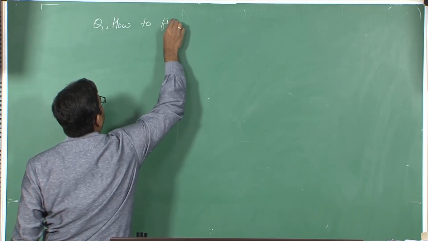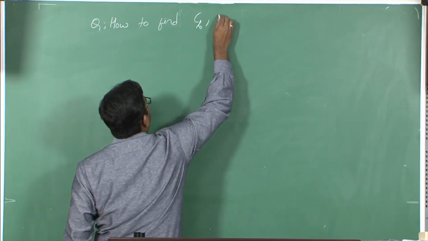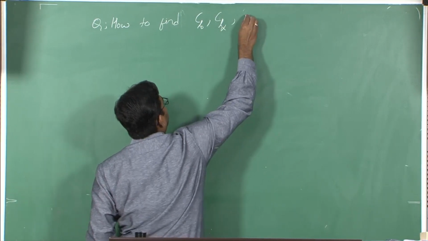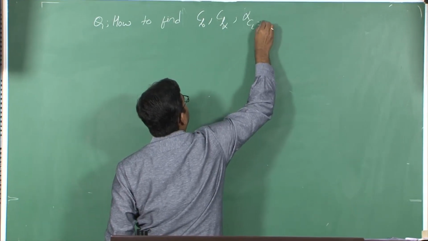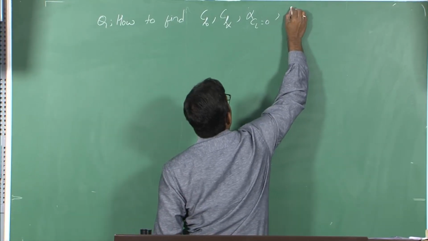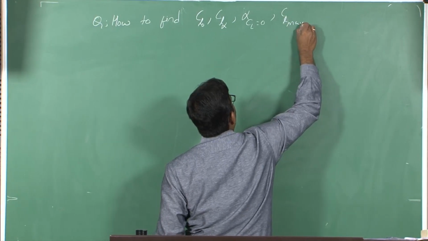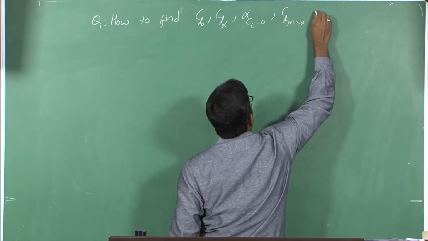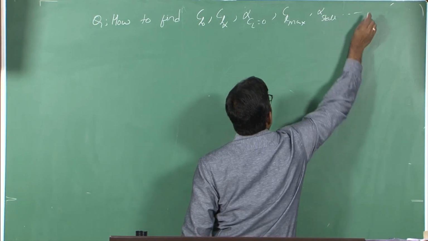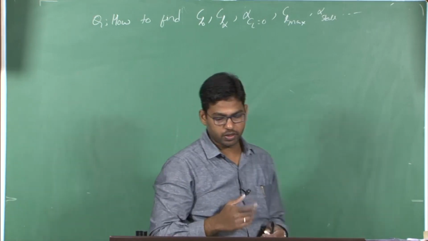How to find CL naught of airfoil, CL alpha of airfoil, alpha at which CL is 0, CL max of airfoil, and alpha stall, and so on, right? Given the data, let us see how to get these parameters.